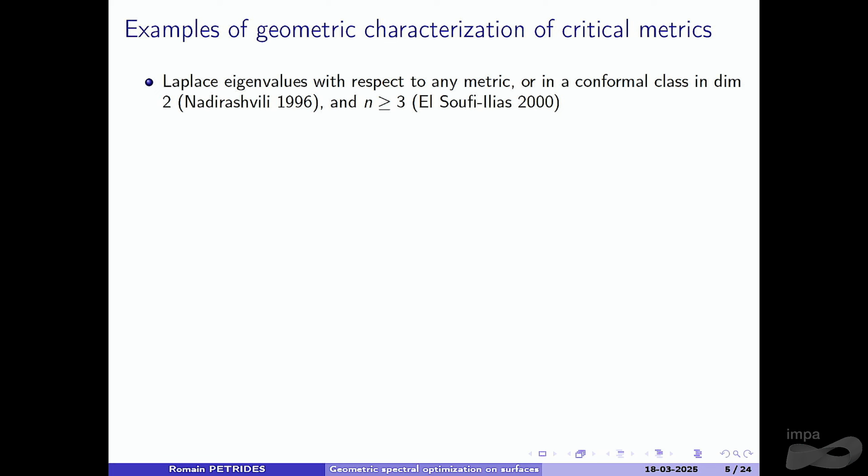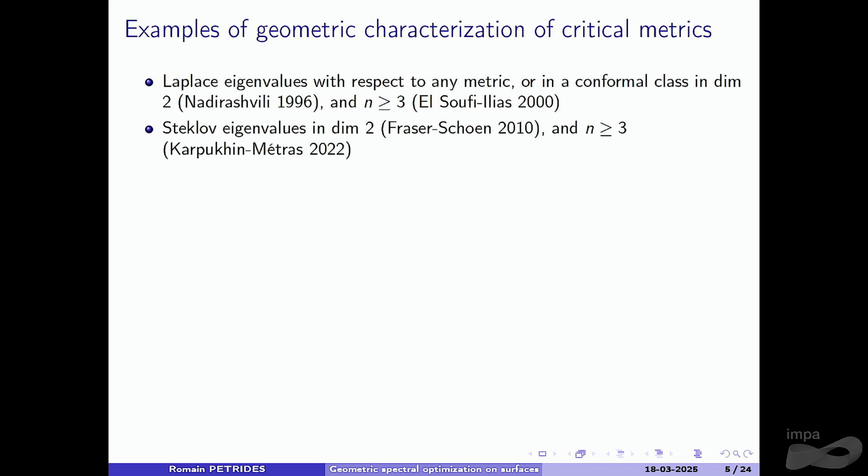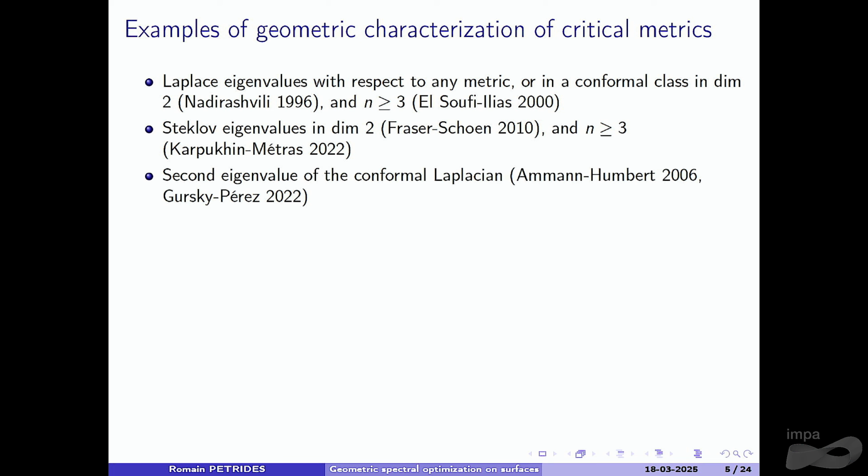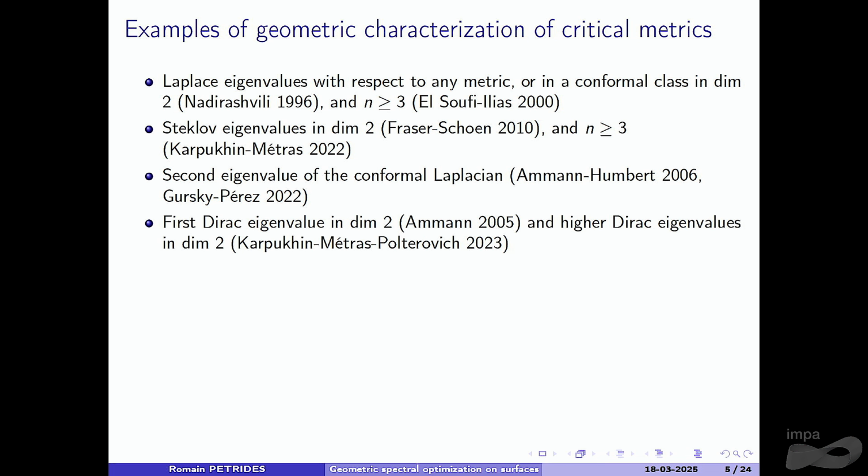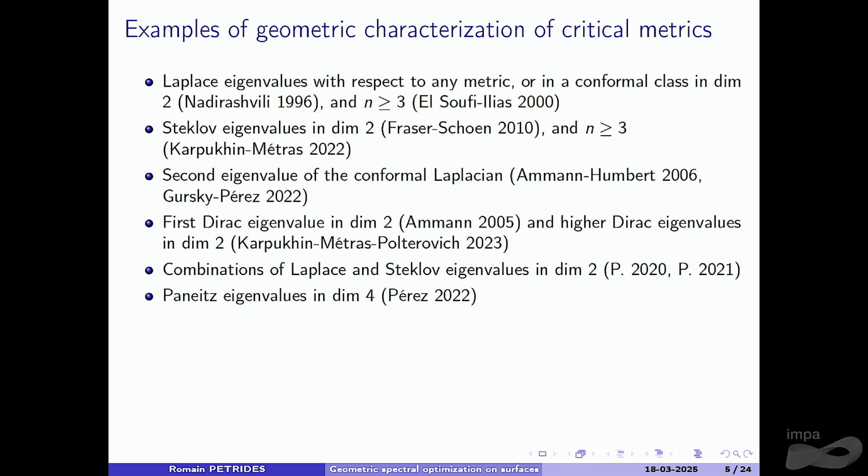The critical metrics for the Laplacian are associated to minimal immersions into spheres, and it's also true in higher dimension. For the Steklov eigenvalue, it's free boundary minimal surfaces. You also have critical metric characterizations for eigenvalues of the conformal Laplacian, of the Dirac eigenvalue, combinations of Laplace and Steklov eigenvalues.